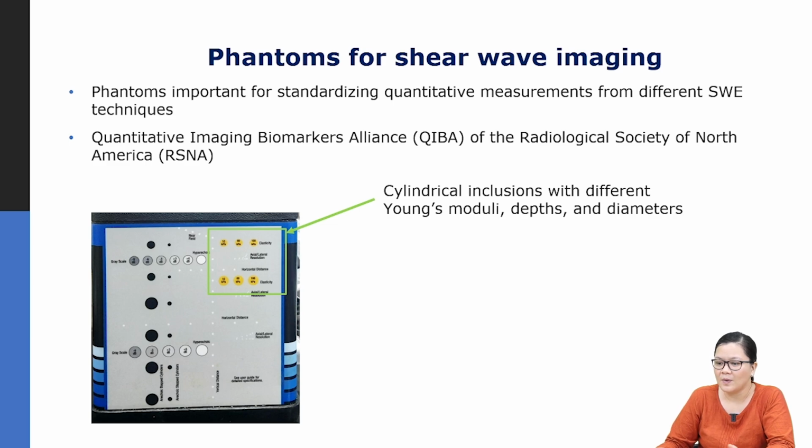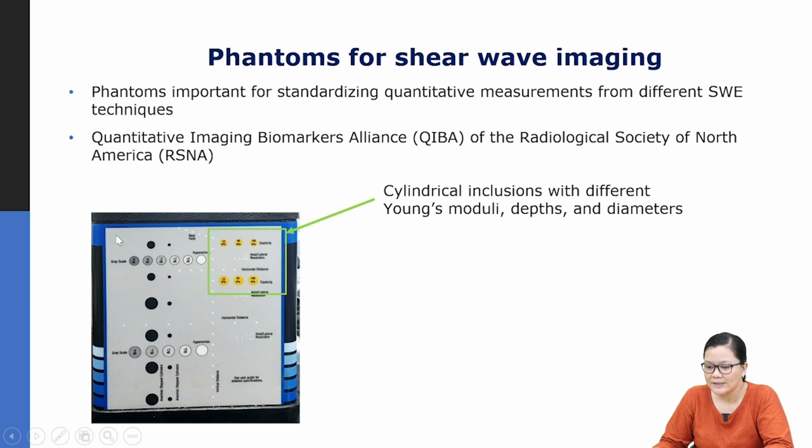Therefore, the Quantitative Imaging Biomarkers Alliance, or QIBA, a committee of the Radiological Society of North America, or RSNA, aims to develop phantoms that can standardize imaging protocols at different regions around the world.